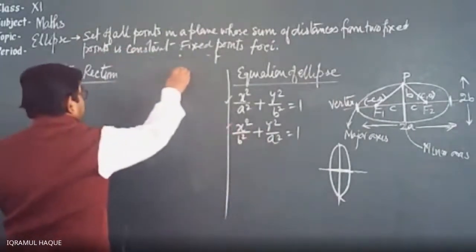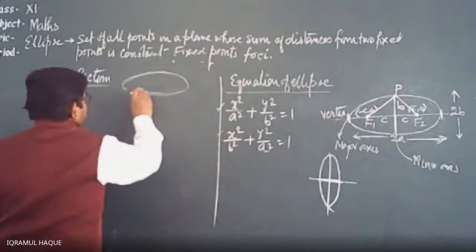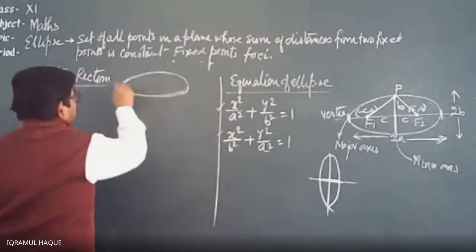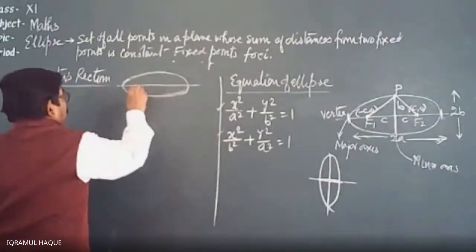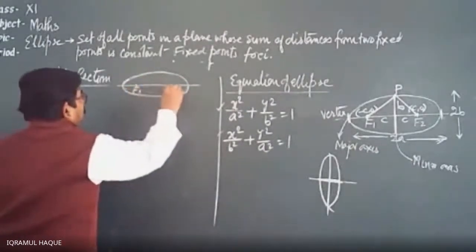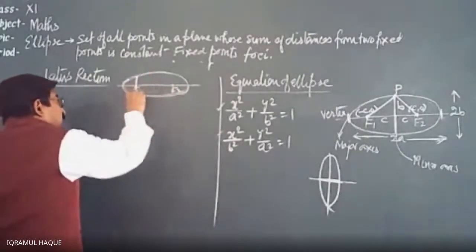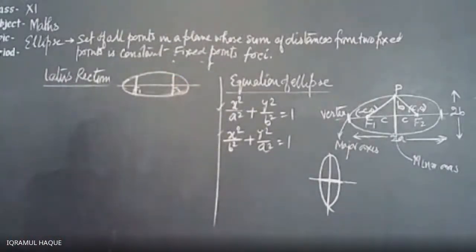Means, see, if this is an ellipse, and the foci are F1 and F2, then any line perpendicular to the axis through the focus is called latus rectum.